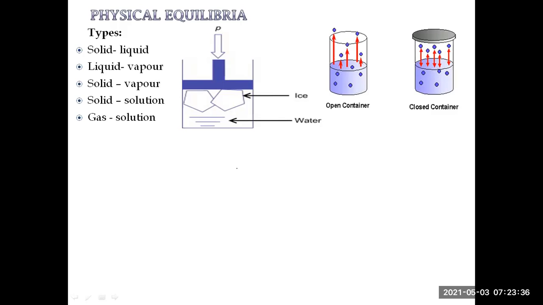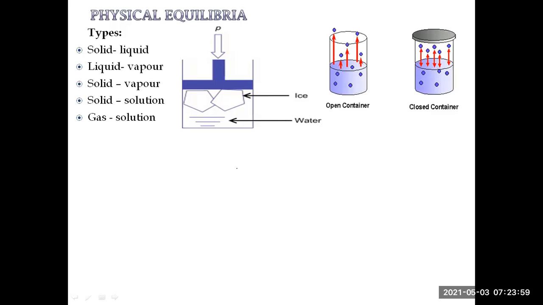Now another case. I have taken some liquid in an open container. In an open container, it is natural that the liquid molecules which come out during evaporation would escape out. Whereas when you close the container with the lid, liquid molecules slowly convert to vapors.